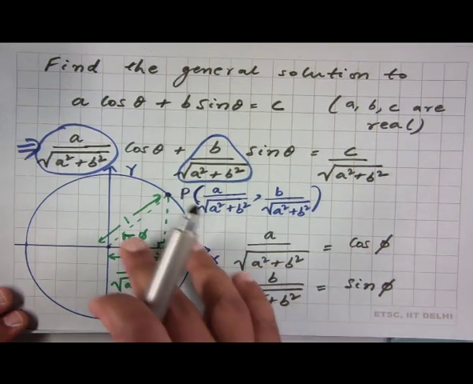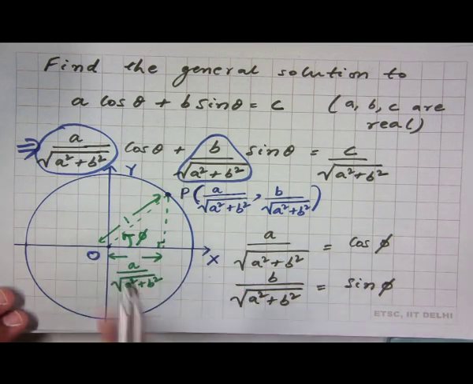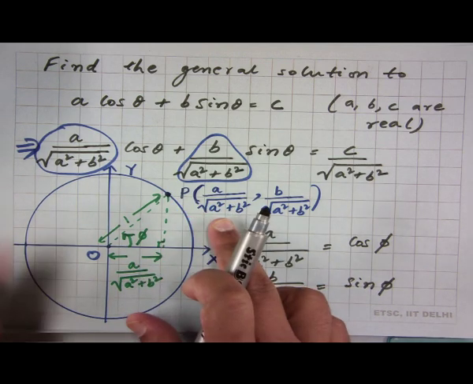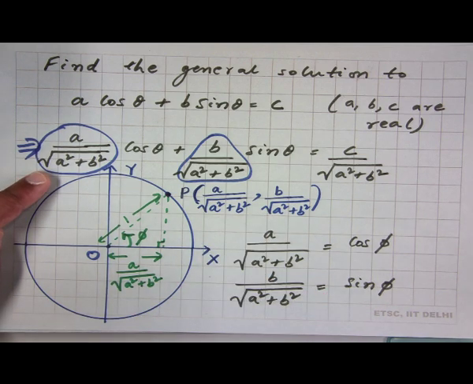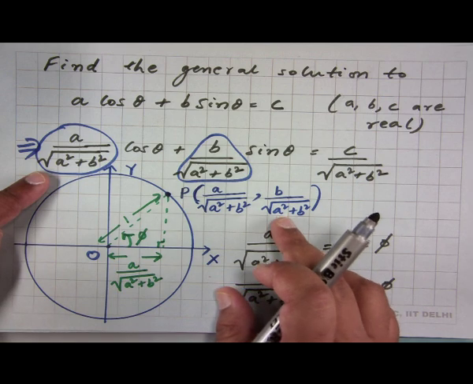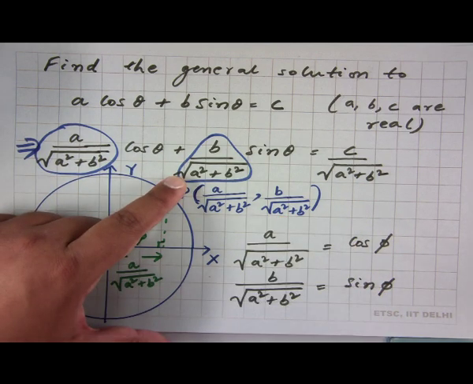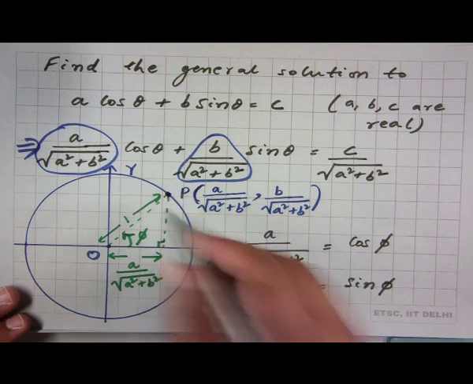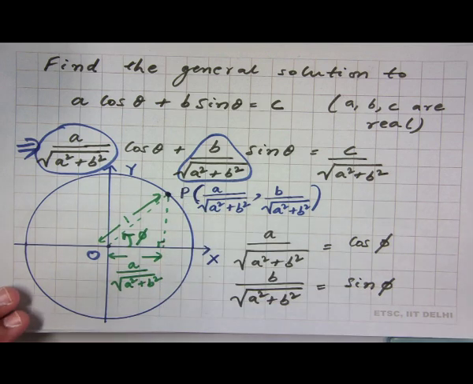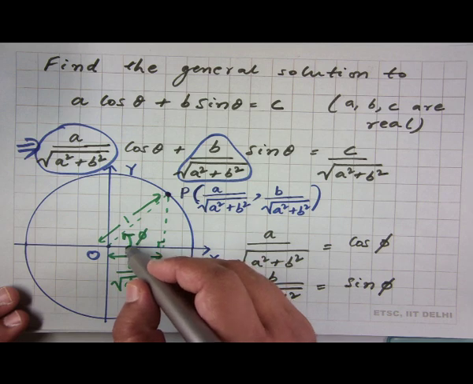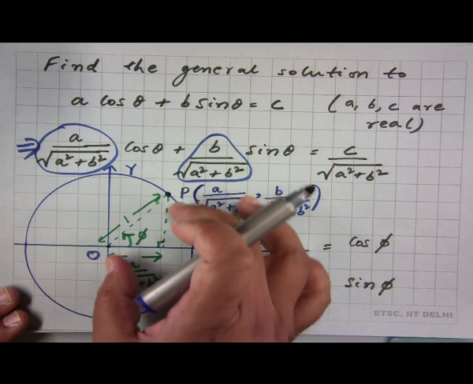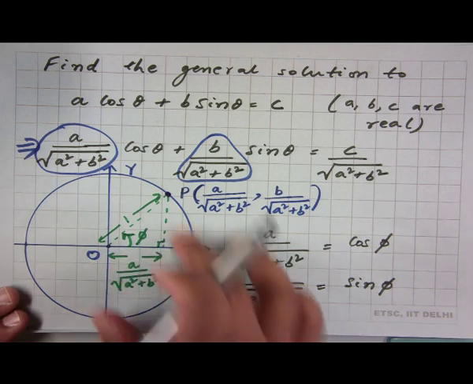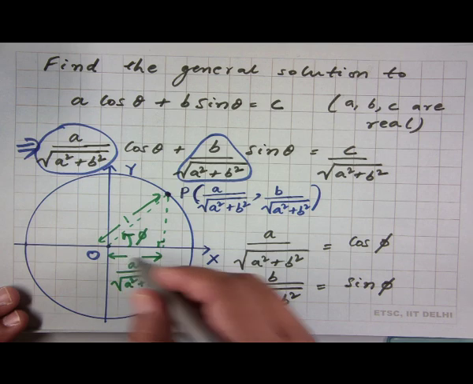And we draw a unit circle here with center at O, and let us say that this is the point whose x coordinate is a by square root of a square plus b square and whose y coordinate is b upon square root of a square plus b square. And of course, this point lies on the unit circle, and the angle of rotation for this ray OP is phi in the anti-clockwise direction. So, we have this phi here.